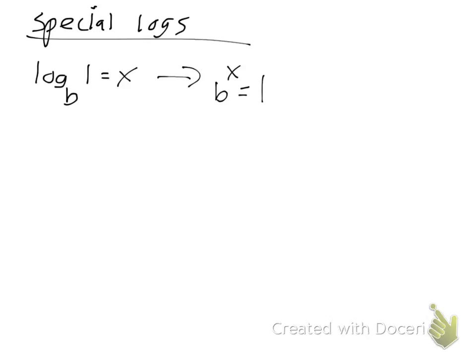But b to what power is equal to 1? It's 0. And so x would have to equal 0. So log base b of 1, of anything, is always equal to 0.